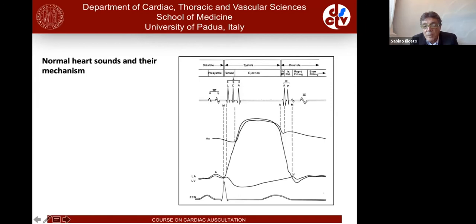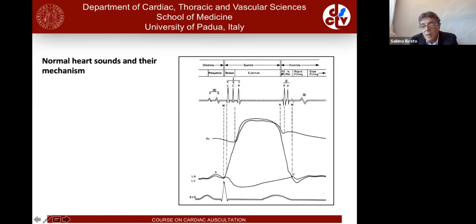Because here we have the pressure in the left ventricle during systole that goes up, up, up, and up. At the beginning, it intercepts the atrial blood pressure, and when the ventricular pressure exceeds it, closure occurs. And this is the first sound.